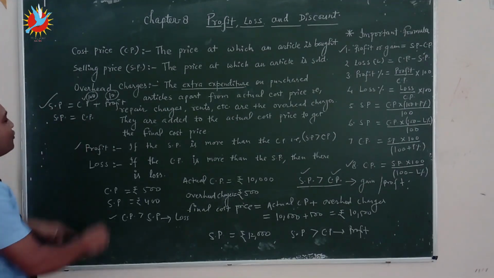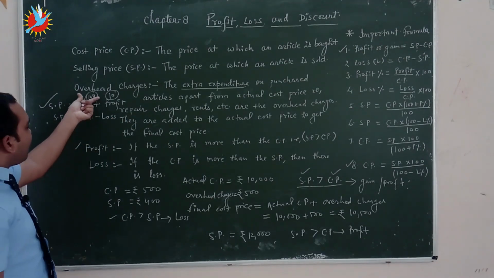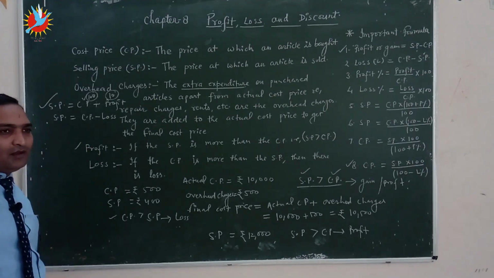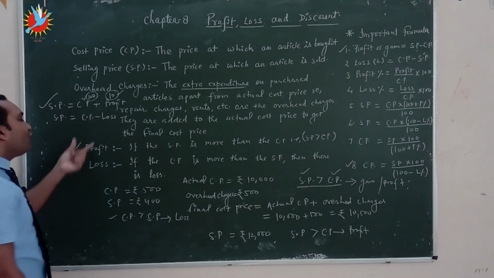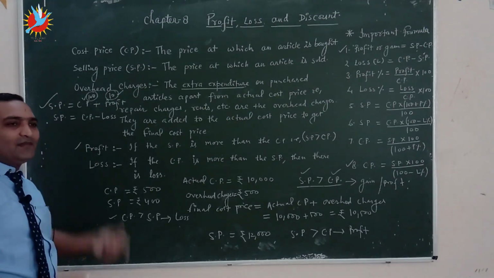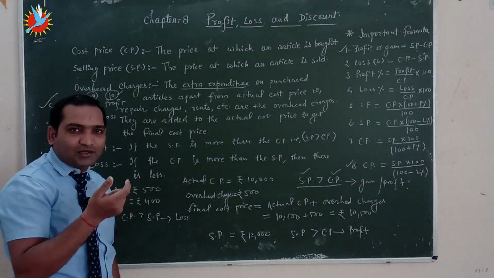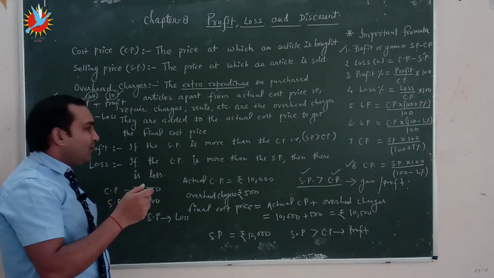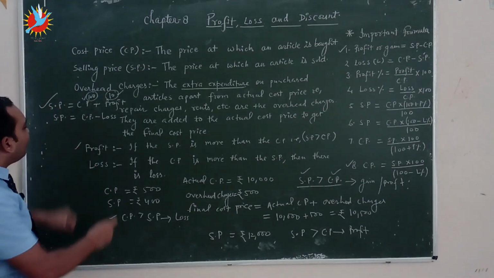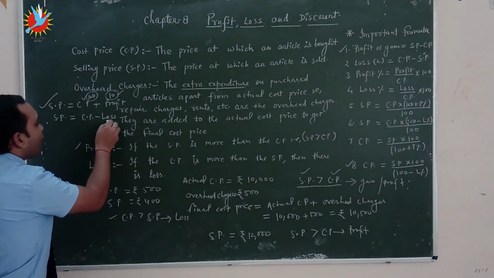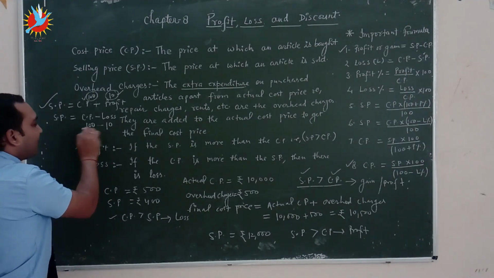Selling price is equal to CP minus loss, because we purchase an object for 100 rupees and we get a loss of 10 rupees. So what is the selling price? If the cost price of a pen is 100 rupees and due to lack of demand we sell the same pen at a loss of 10 rupees, so 100 rupees we purchase and we suffer 10 rupees loss.